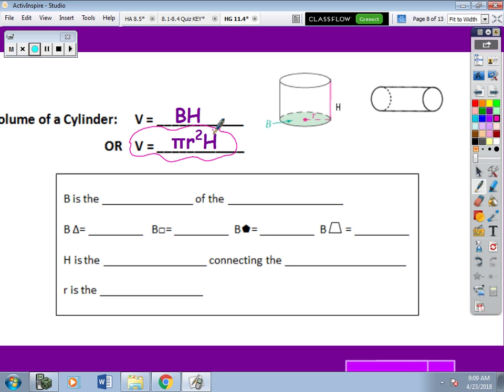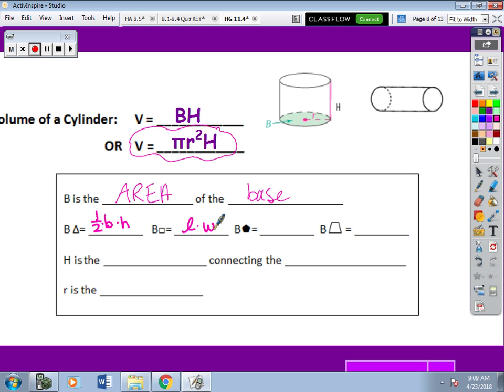And then down here, just a little review of what all of our variables stand for. So remember, B is the area of the base. So if the base is a triangle, we would use 1/2 little b times little h. If it were a rectangle, we would use length times width.